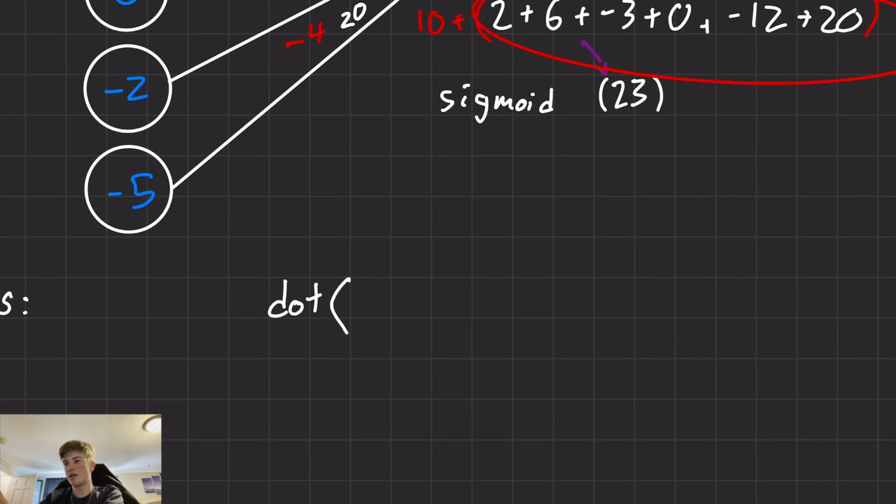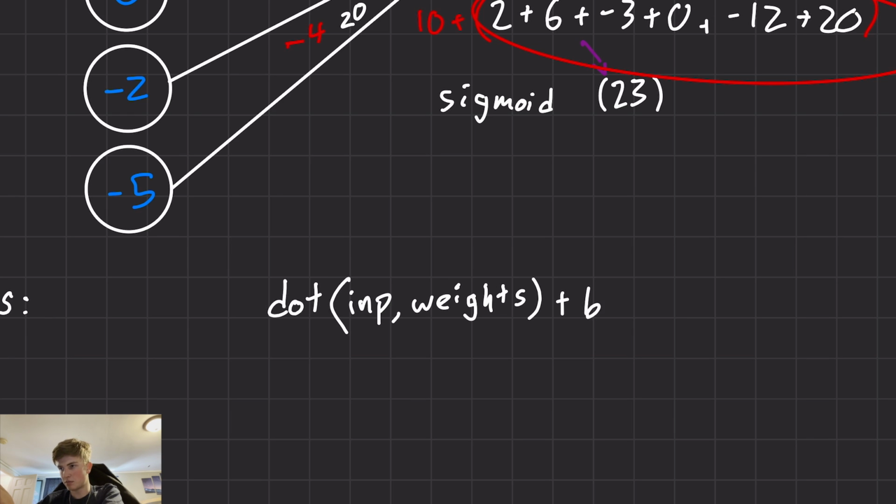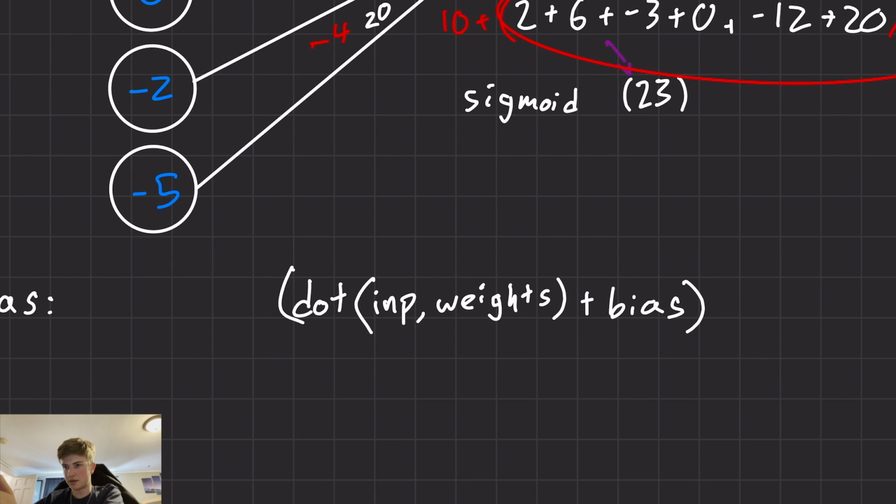I'll just do the dot of the inputs and the weights, plus bias. And all of that gets put into the sigmoid. Very simple. It's all just one function. It's very elegant, and it works very well. So that's it. That's weights, activations, and biases.